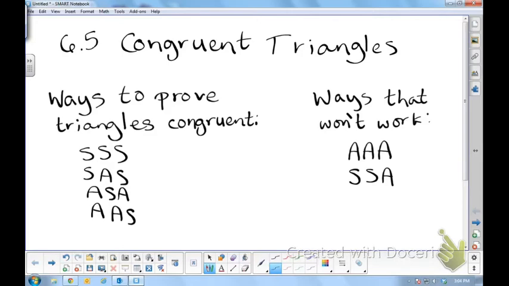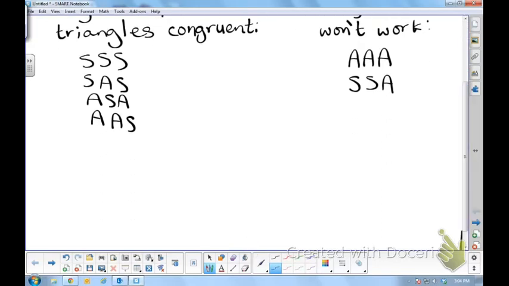We've already proved a lot of triangles congruent, but they've always been separated. What if we have some triangles together? Sometimes there's information we need to assume. The most common case of assumed information is when we have two triangles connected like this.